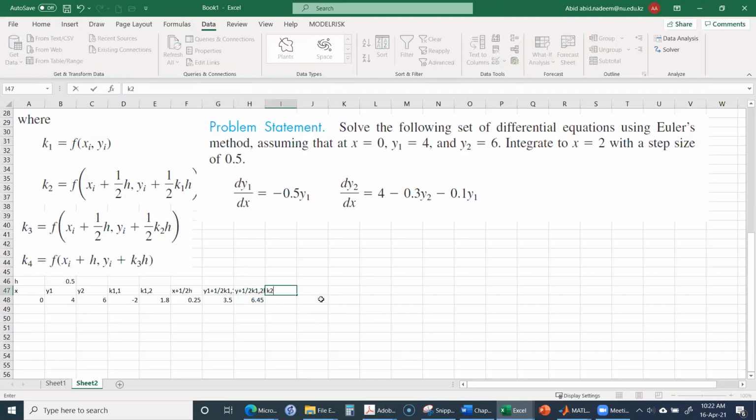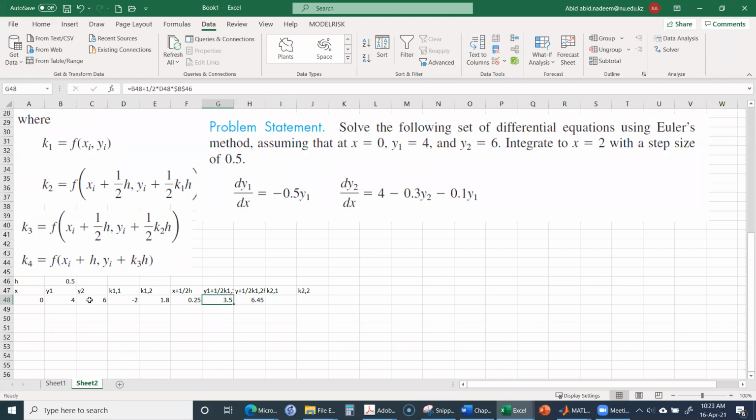So now we will find K2 of the first equation and K2 of the second equation. K2 of the first equation will be the value of these functions calculated for the respective values of x1 and y1. Earlier we calculated it here, with respect to this value, and then we calculate it here, with respect to this value.